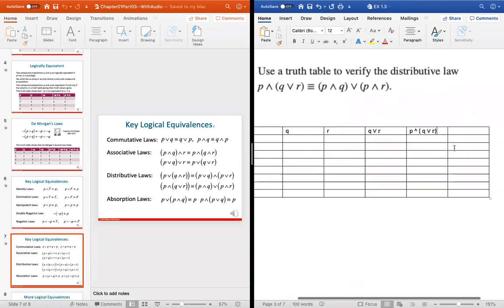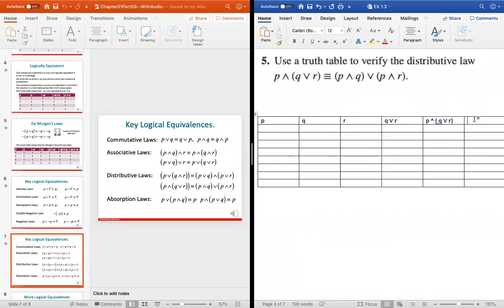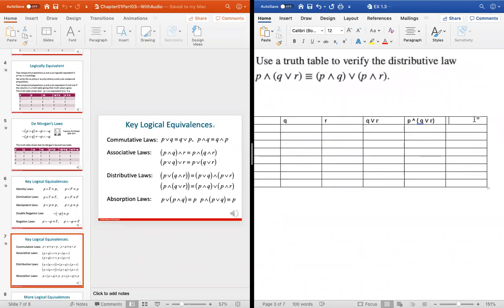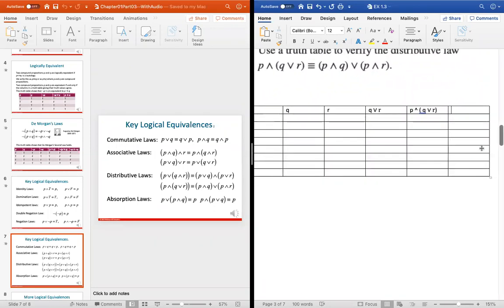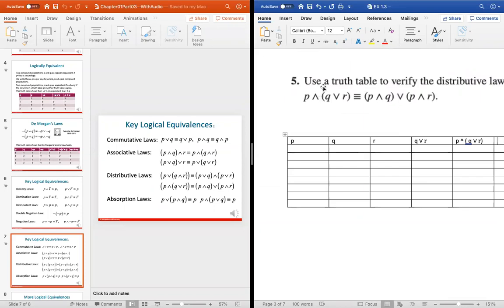Okay, and then let's only do the left hand side first, and then we're going to do the right hand side of the equation. Okay, so let's do here.